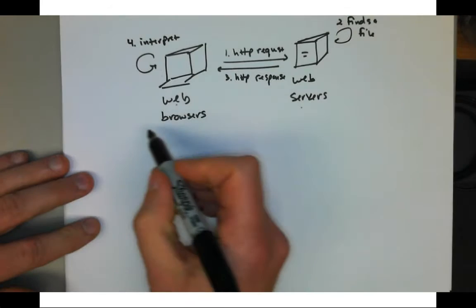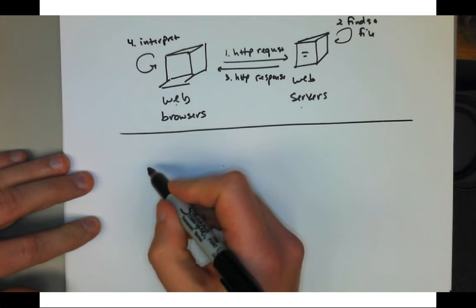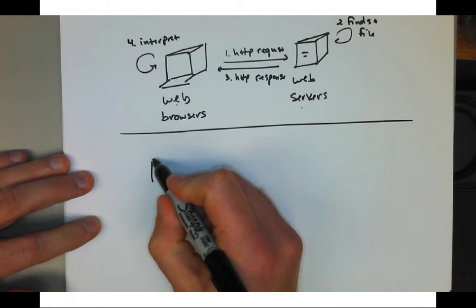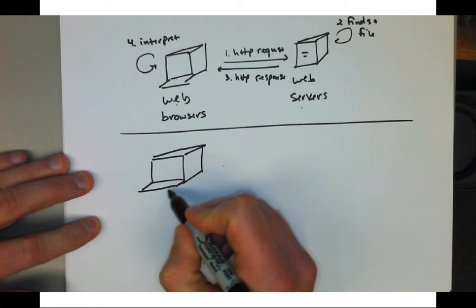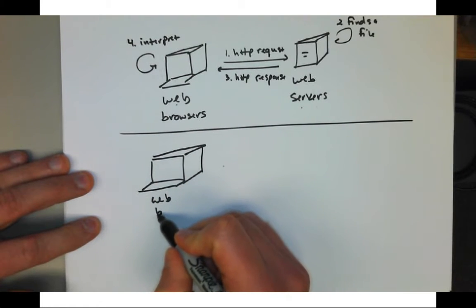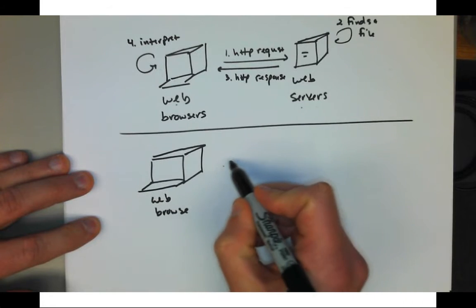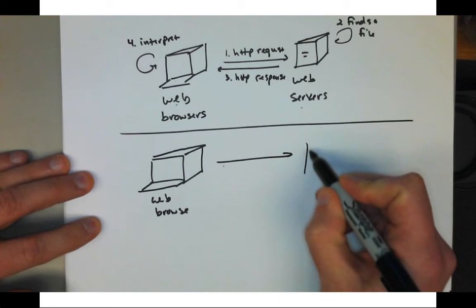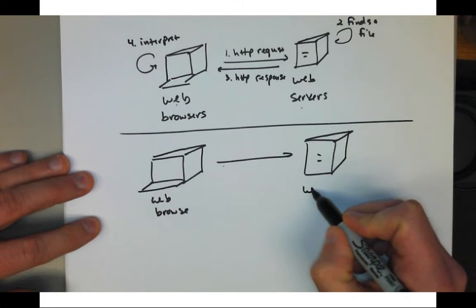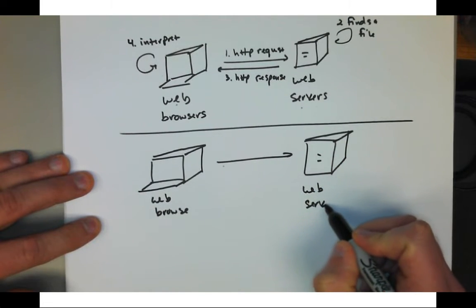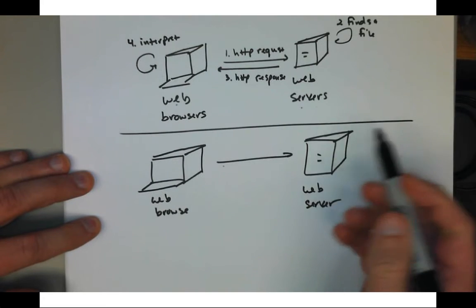Okay, but what happened in 1995 is we figured out, well, we can put a JVM inside a web browser. And we can still make a request to a web server.